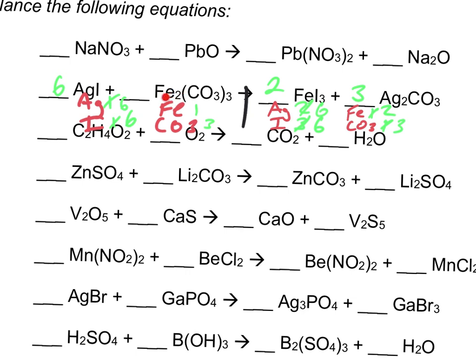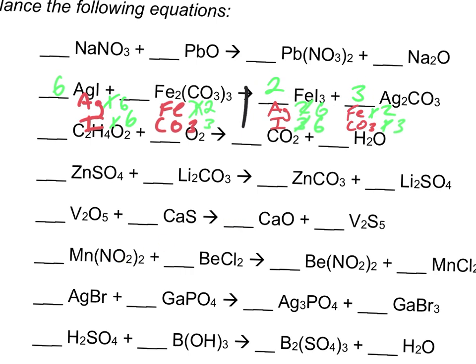When I was counting the number of irons on the reactant, I wrote a 1. I should have written a 2. So I actually made a mistake. If I hadn't caught that, I would not have been able to finish this problem. Okay. As I look over it, it looks like everything is matched. We now have a balanced equation. 6, 1, 2, and 3.